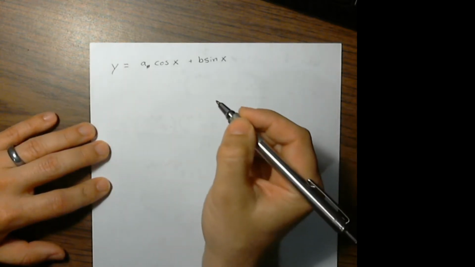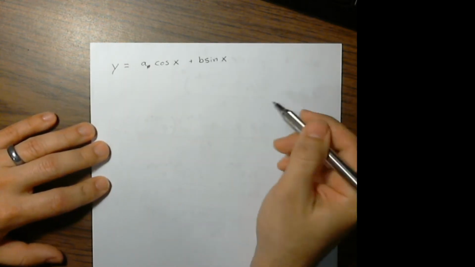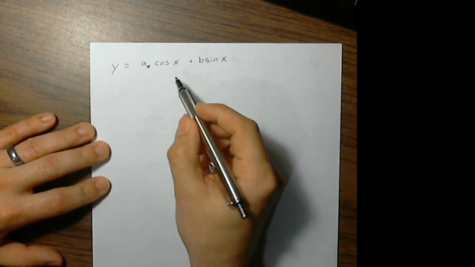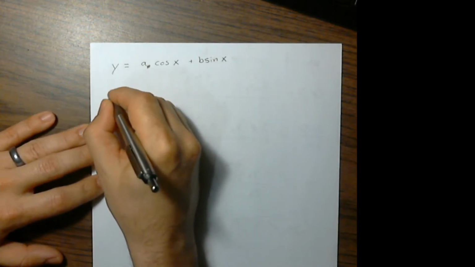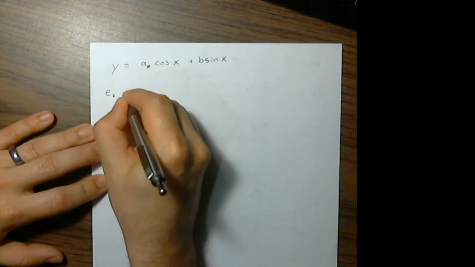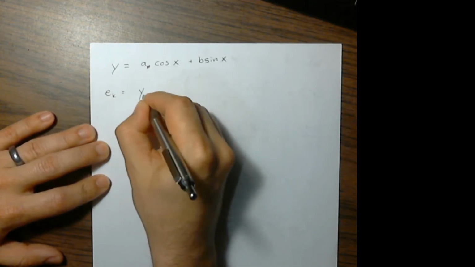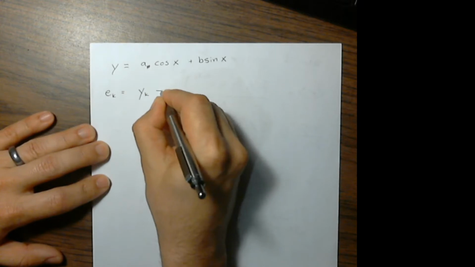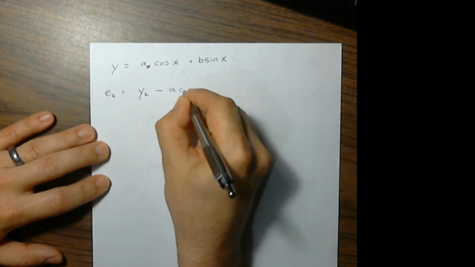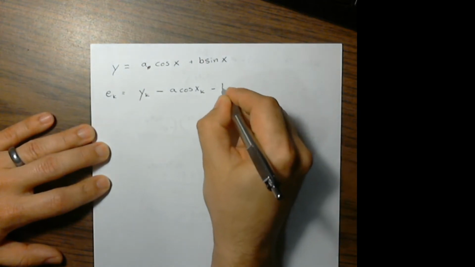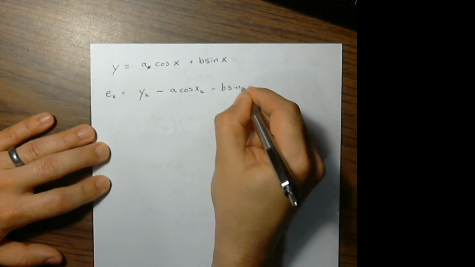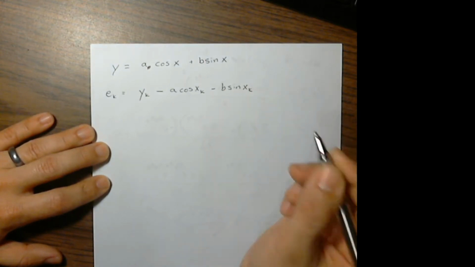Let's create a little... well, first let's derive the least squared analysis. Let's do the error analysis. So my error will be defined as, this one's quite easy. No problem.